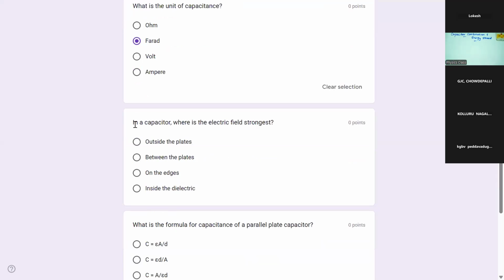Second one, in a capacitor, where is the electric field strongest? Which place?